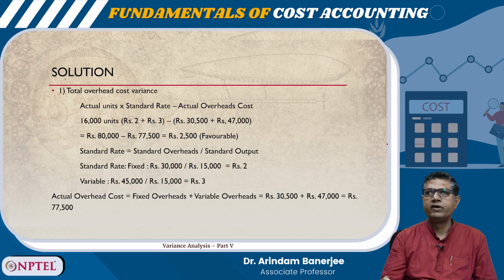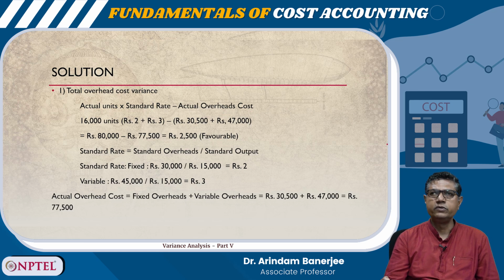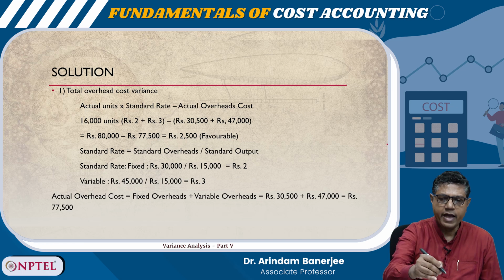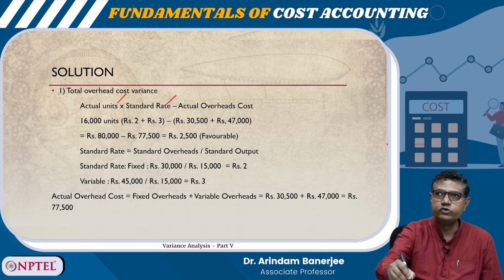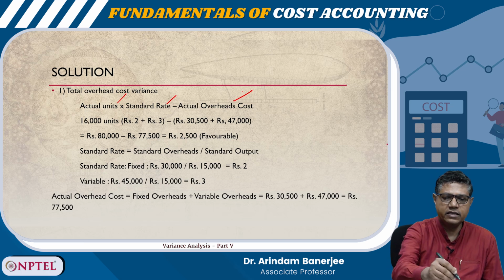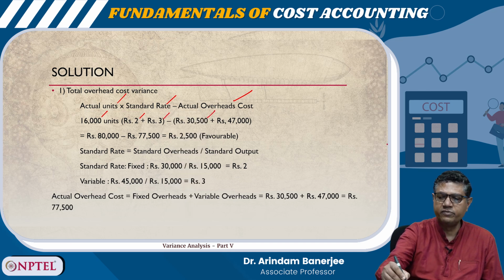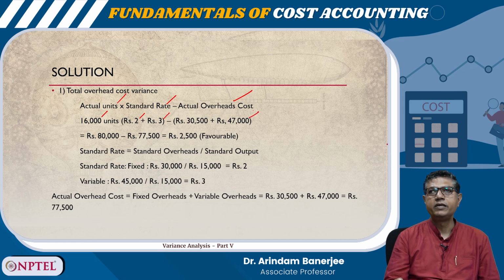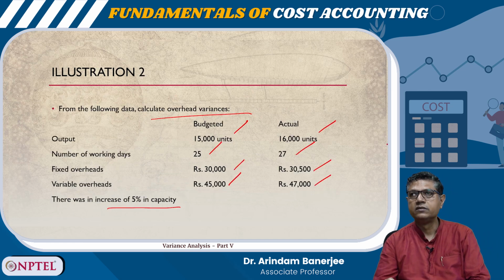So, here is the solution. The total overhead cost variance is equal to actual units into standard rate minus actual overhead cost. So, 16,000 units into rupees 2 plus rupees 3 minus rupees 30,500 plus rupees 47,000, right.